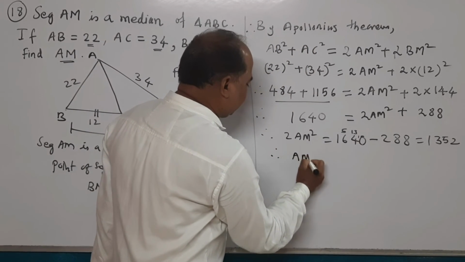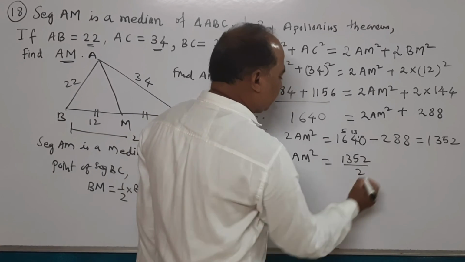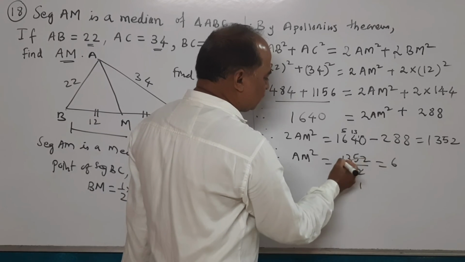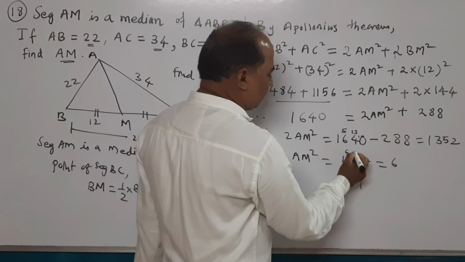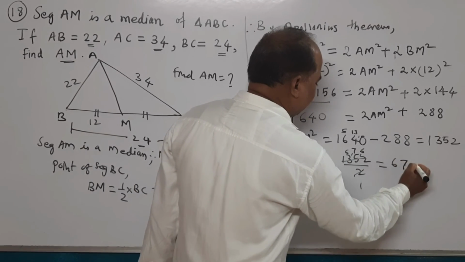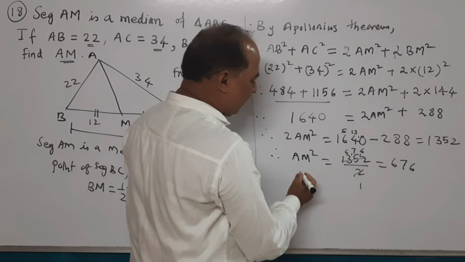Therefore, AM square is 1352 divided by 2, which is equal to 676. 676 is a perfect square.